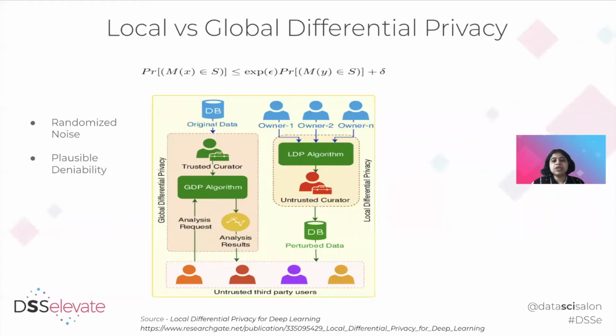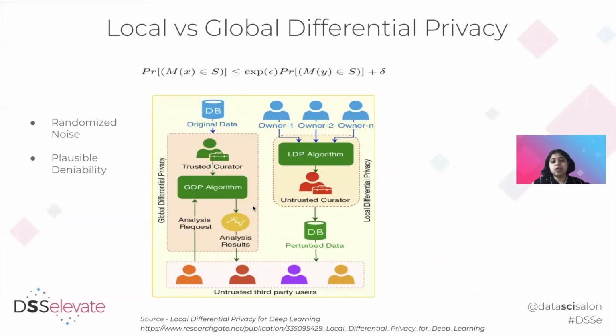With local differential privacy, the individual owners, the mobile clients or individual cloud owners even, are capable of adding noise, and they don't trust a central authority or a curator. Once the noise gets added, the data remains anonymized or perturbed, and it is used to build a model, or it can be used for other training purposes.